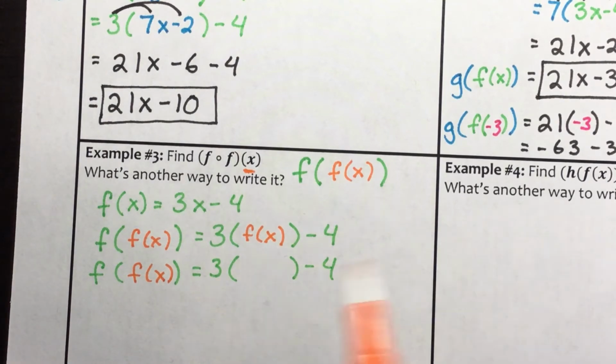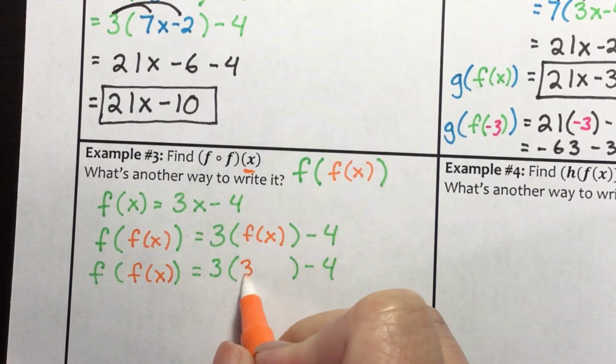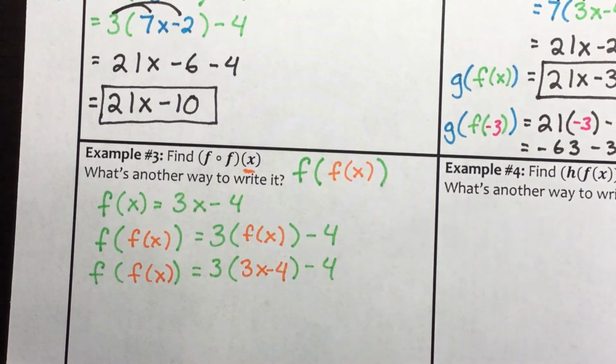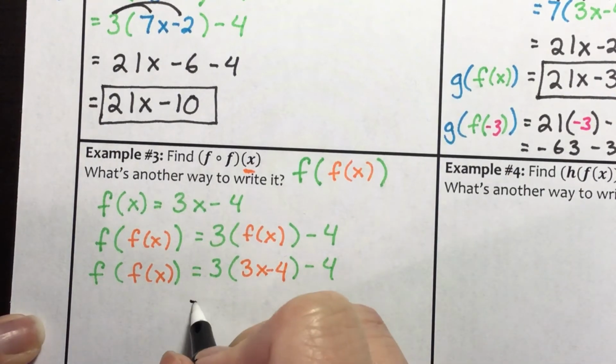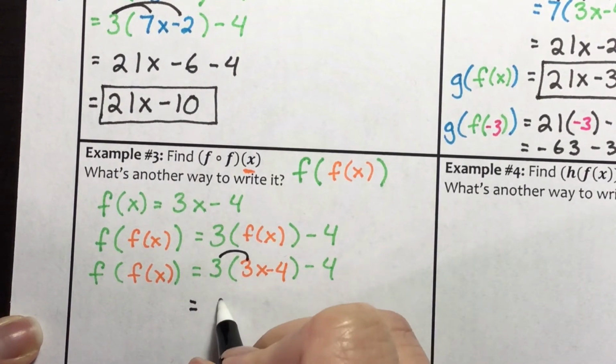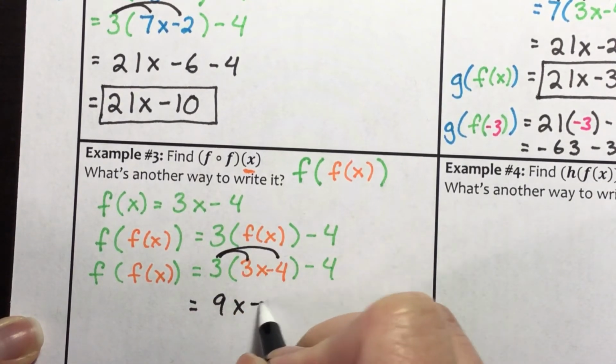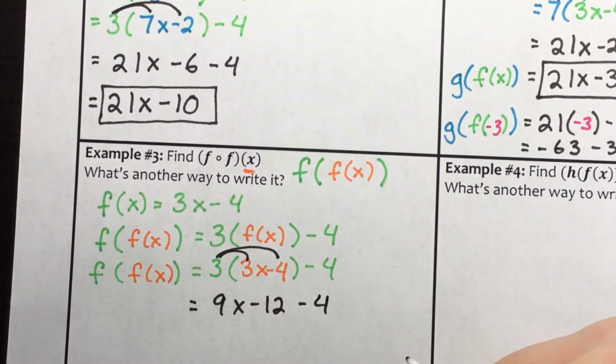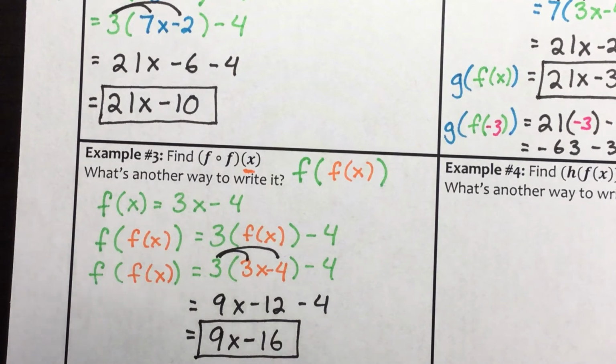We want it to say what the function actually is. So f of x is 3x minus 4. And then we can work this out. Distribute. 1 term times 2 terms is 2 terms. So we get 9x minus 12 minus 4. And then simplifying, 9x minus 16. We are not plugging in a number, we're leaving it with an x.